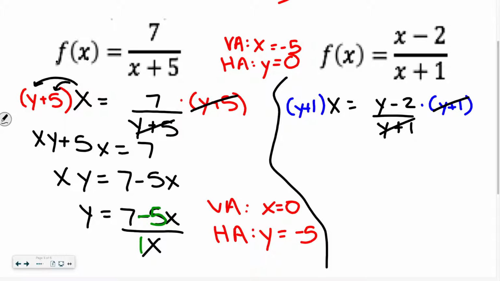Okay. So now I have y on the left and y on the right. So I'm going to go ahead and distribute here. So I call that xy plus x equals y minus 2.